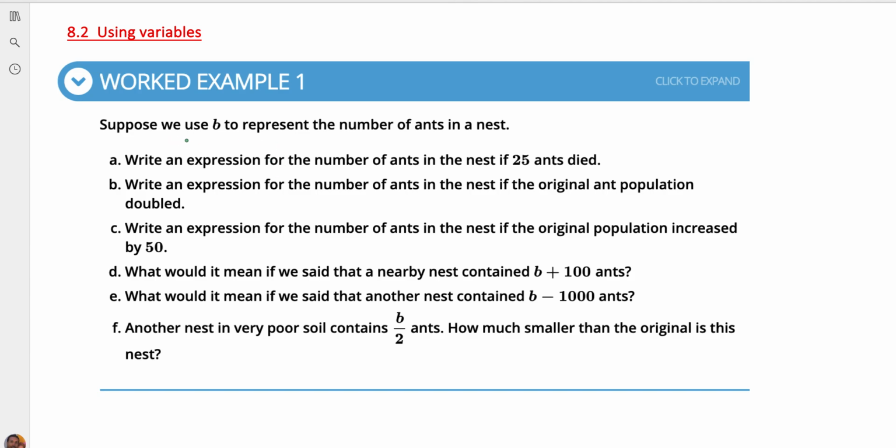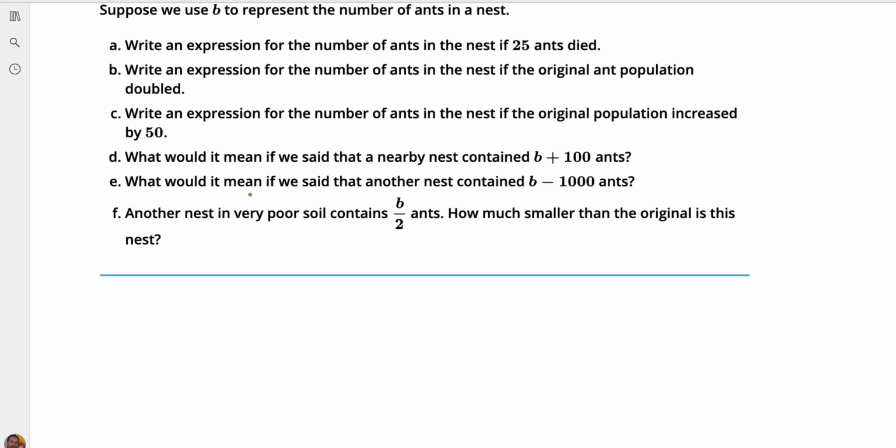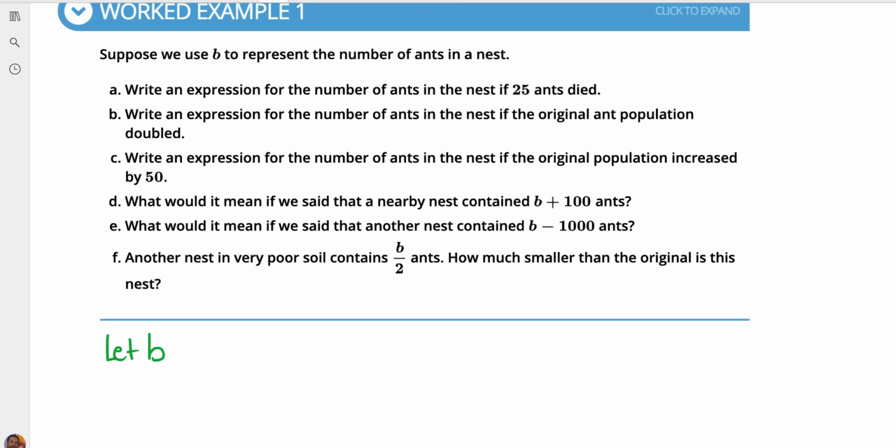So it says, suppose we use B to represent the number of ants in a nest, okay? So always when you're using algebra, you need to define your variables. So I'm going to do that first. I'm going to say let B, and I want you to notice something. I'm just paraphrasing what it says here. It already says, suppose we use B to represent the number of ants in a nest.